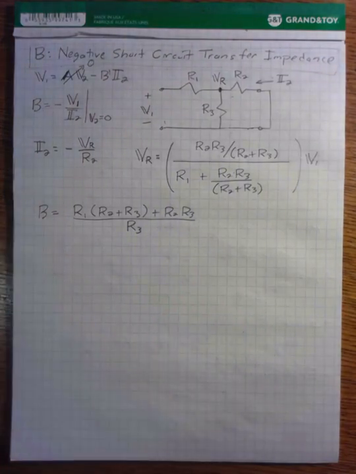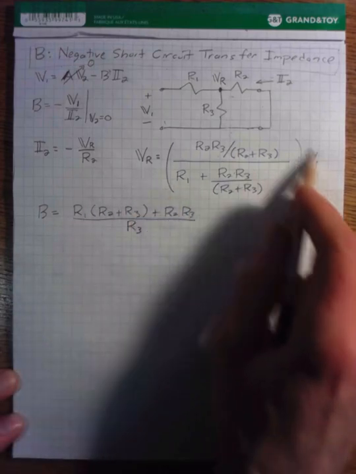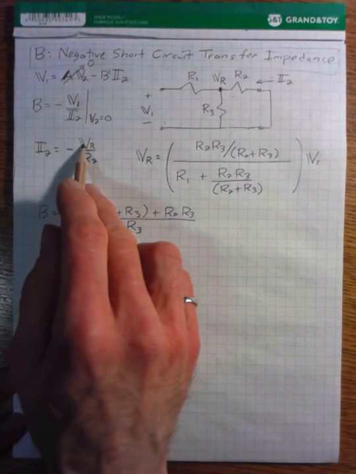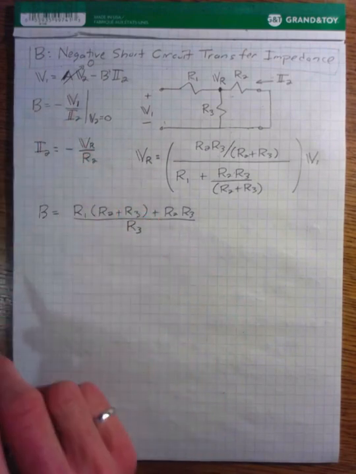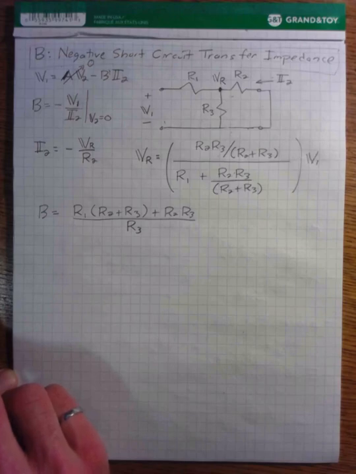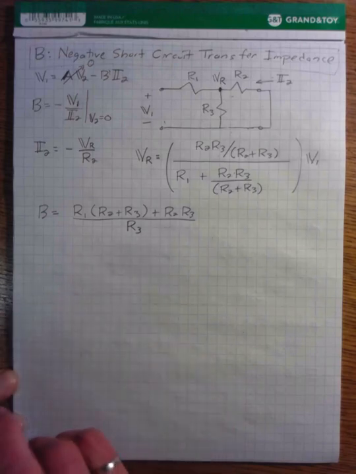And you can do that algebra if you want to kind of reassure yourself. Just pause the video. Take this term, plug it into the numerator there, and then solve for the ratio of negative V1 over I2, and you'll get that result.